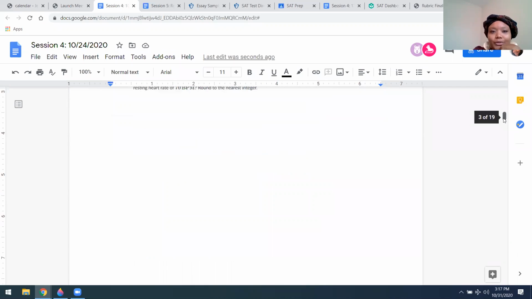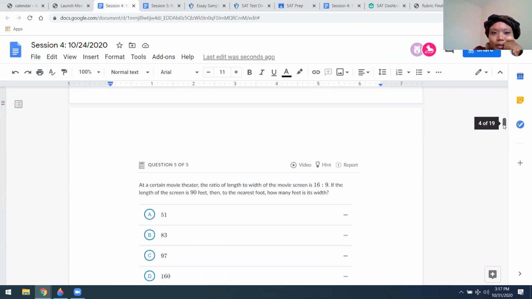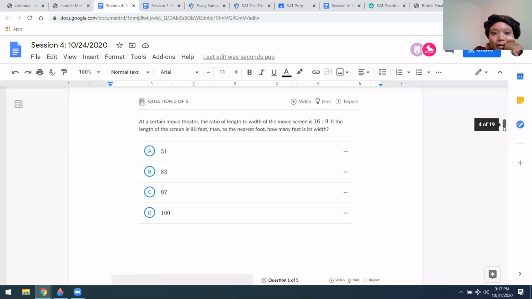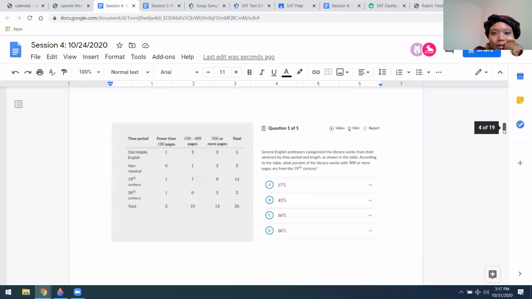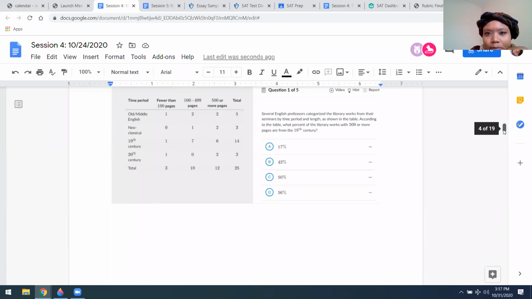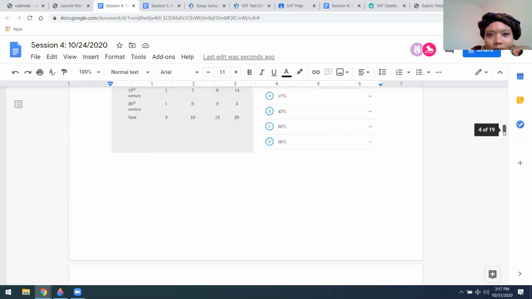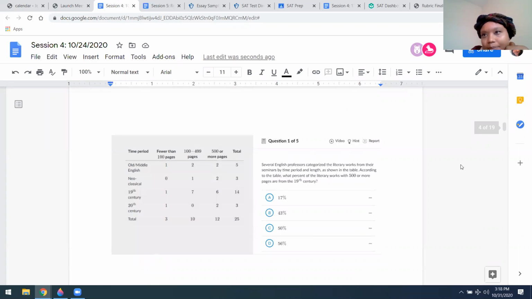We're going to go to another, trying to decide if I want to do this one or that one. It's a little tricky. Okay. We are going to do this one. We'll probably move on to the reading section.